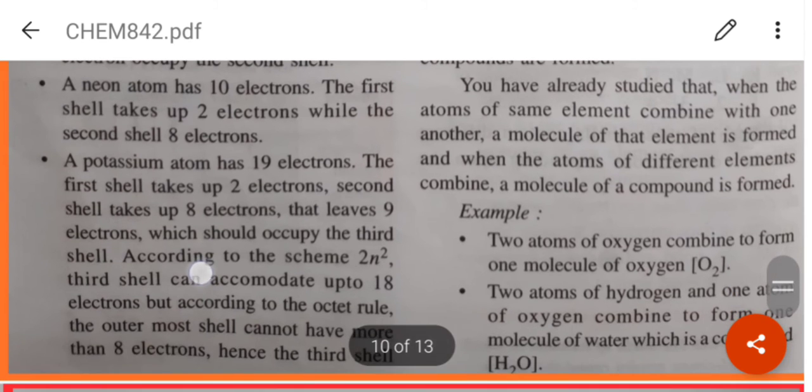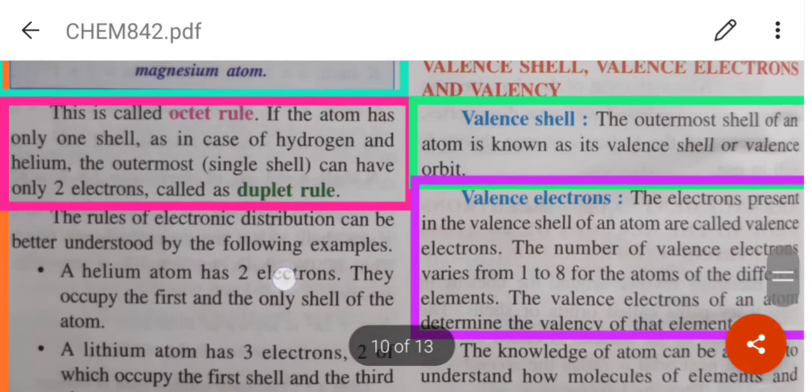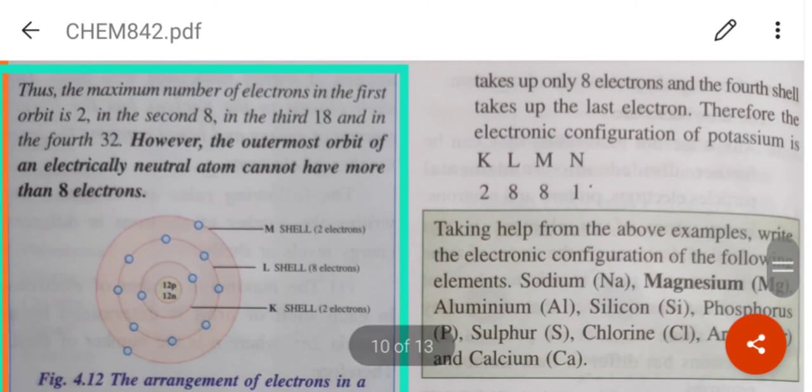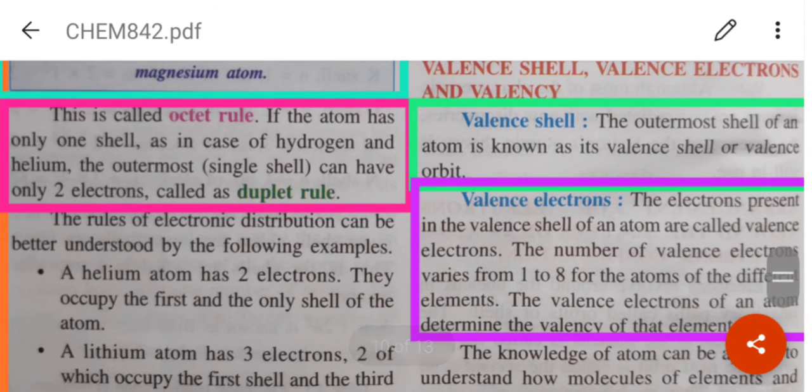That's why in the M shell the number of electrons will be 8, and then in the next shell the number of electrons will be 1. Therefore, the electronic configuration of potassium is 2, 8, 8, 1.